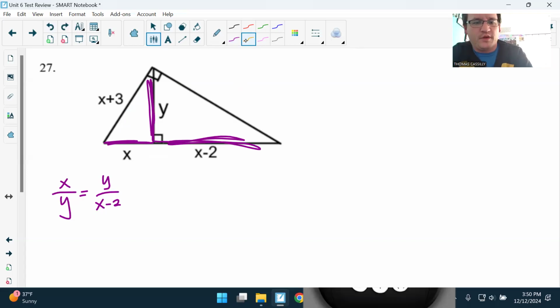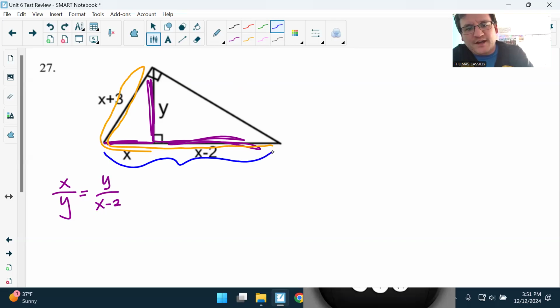Fortunately for us, we can make a second equation. Let's throw the boomerang and see where it lands. Following that entire flight path, we have to be careful. This entire segment down here is 2x minus 2, and I know that because it's x plus x minus 2. Combine your like terms, 2x minus 2.